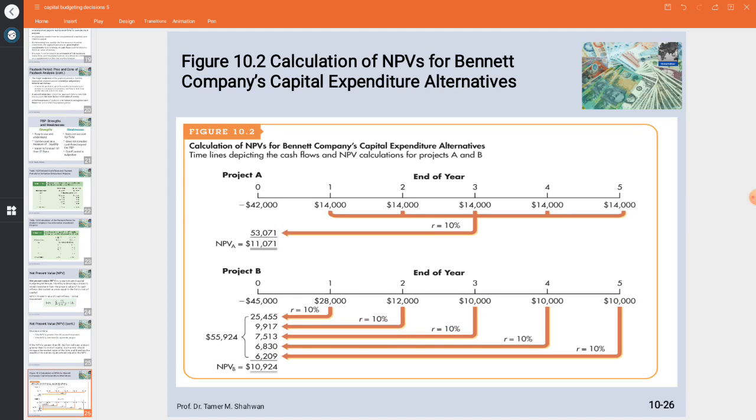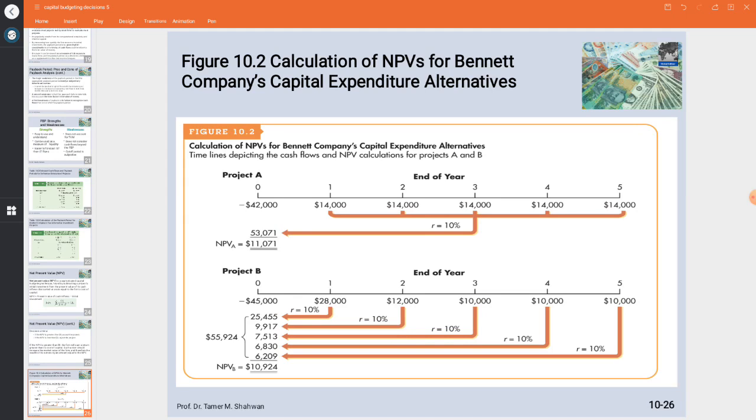You must ask yourself what type of projects these two are, whether they are independent projects or mutually exclusive projects, because the decision will totally differ.